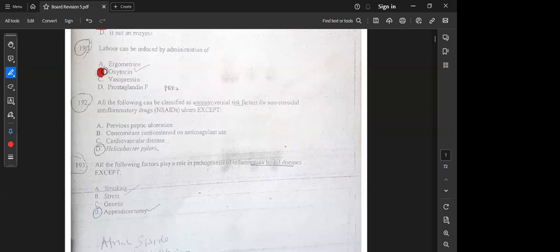But looking at the choices, previous peptic ulceration means that you may be at risk for another ulcer formation. Choice B, corticosteroids and NSAIDs, even corticosteroids themselves do increase the chances of ulcer formation. And Helicobacter pylori causes ulcers. So based on elimination, I'd go with cardiovascular disease, but I don't understand what uncontroversial risk factors means.